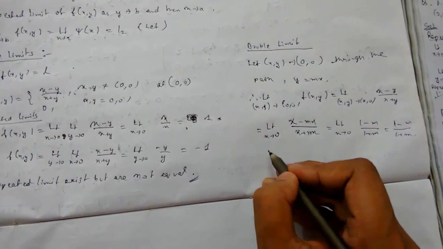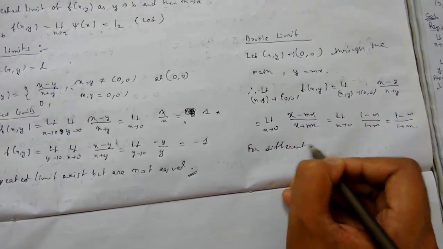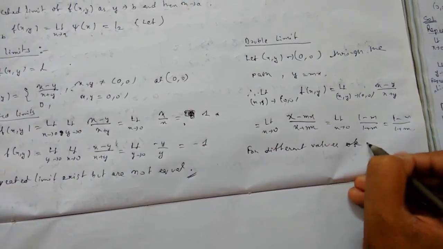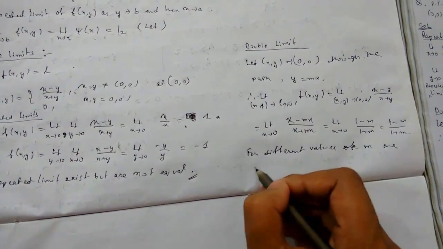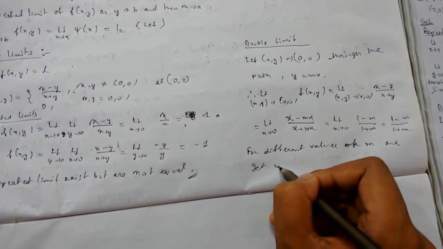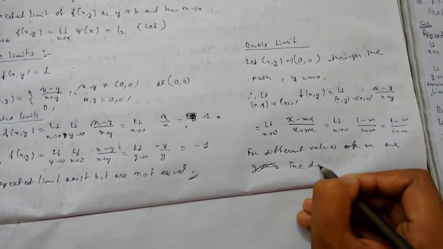Thus we see that for different values of m, we get different values for the function. So the limit does not exist, the double limit does not exist.